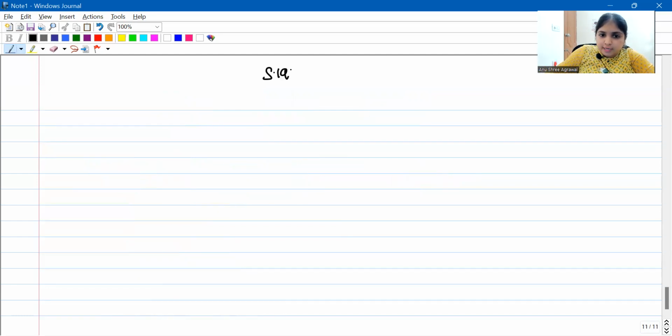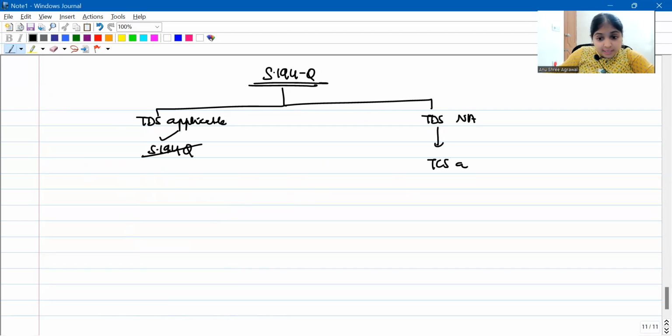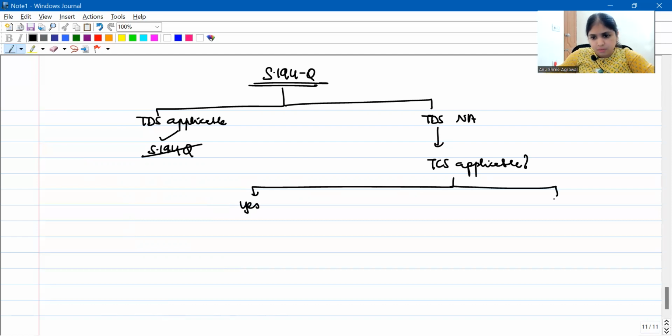Whenever you come to 194Q, you check first of all whether any other TDS is applicable. If TDS is applicable, then 194Q, forget about it. If TDS is not applicable, then you check is TCS applicable. Either the answer may be yes or no. If TCS is applicable, you see which section under TCS is applicable.